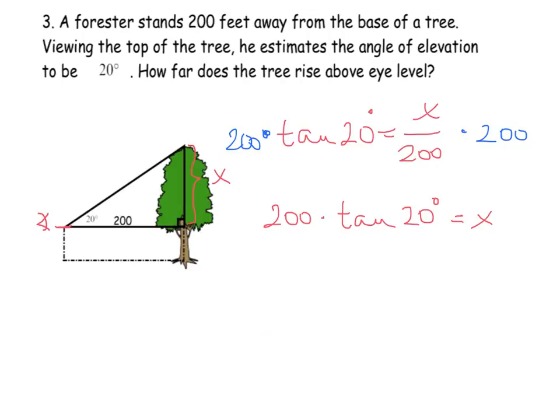And if I punch this in my calculator, 200 times the tangent of 20 degrees, I will get approximately 72.79. So x will be approximately 72.79 feet.